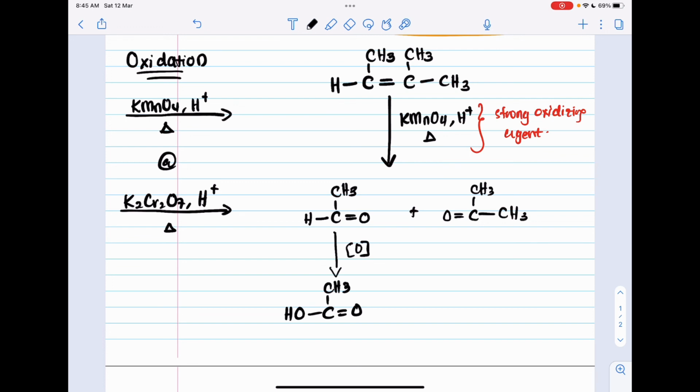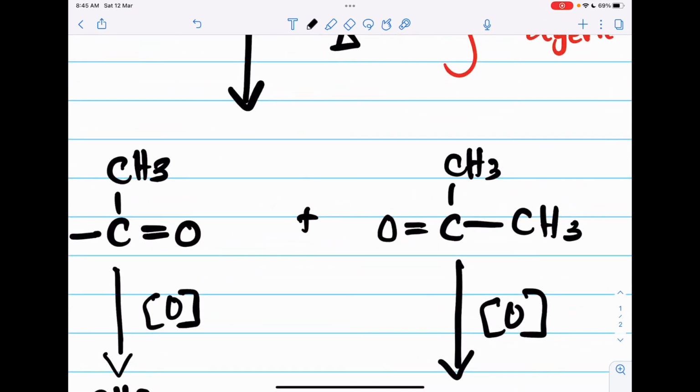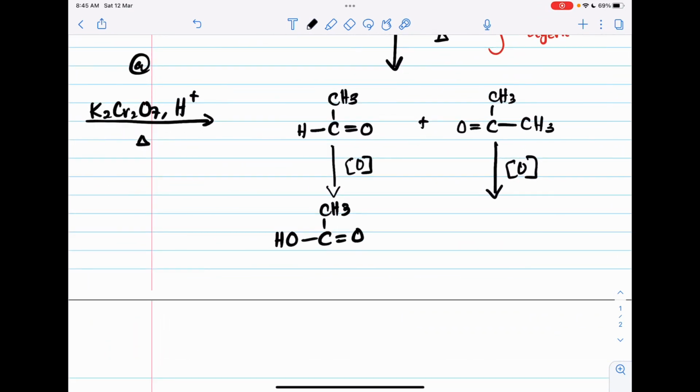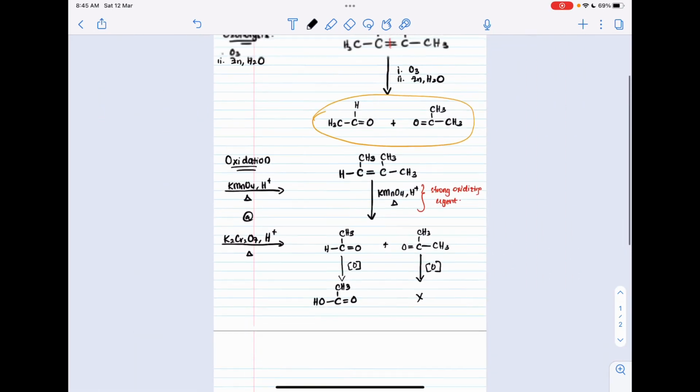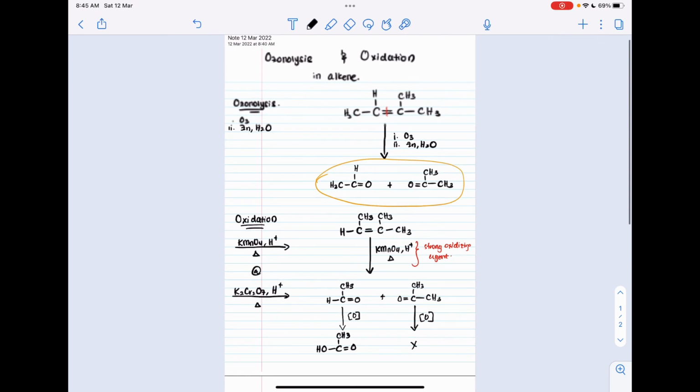But this one, no. Since this is CCC, it's a ketone, so there will be no more oxidation. Which means the aldehyde can undergo oxidation. So there you go, the difference between ozonolysis and oxidation.